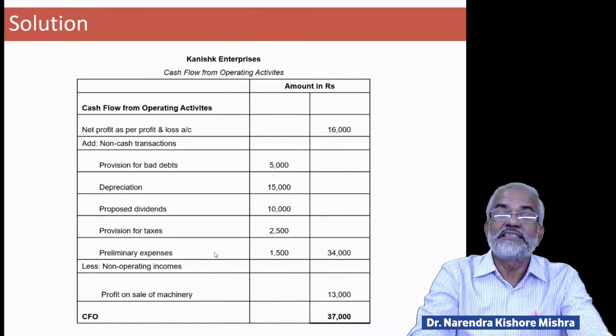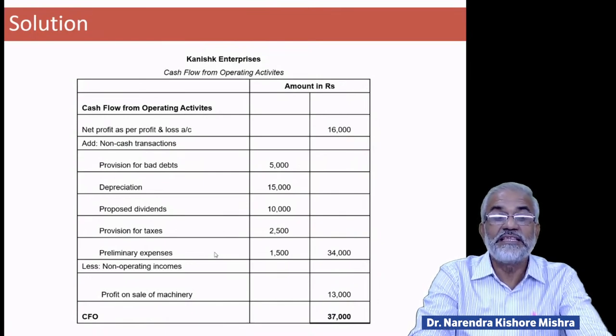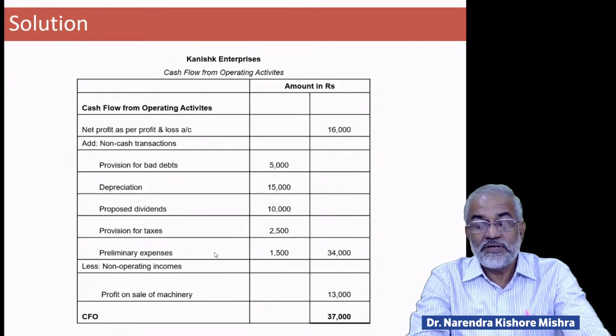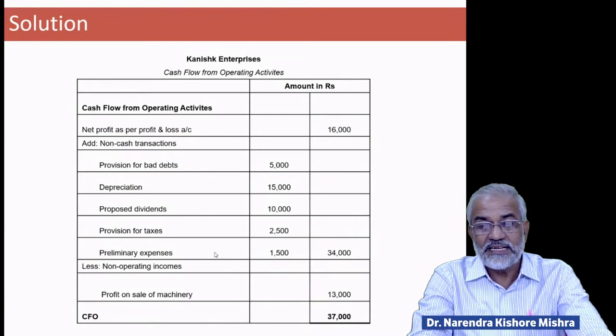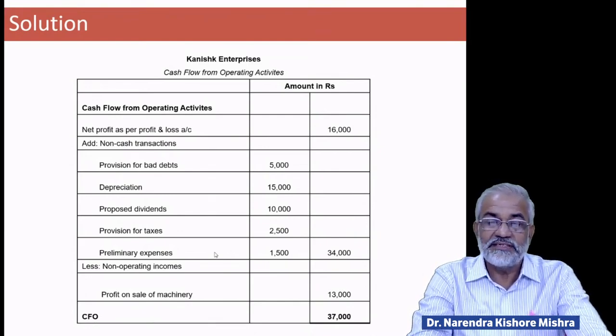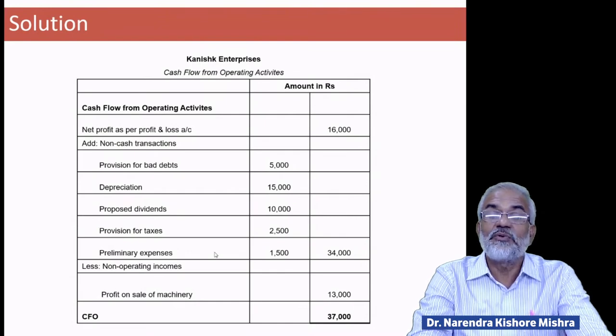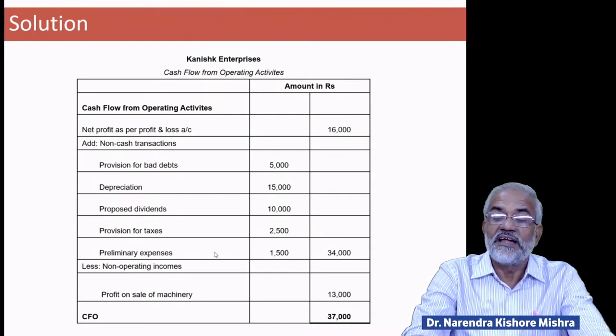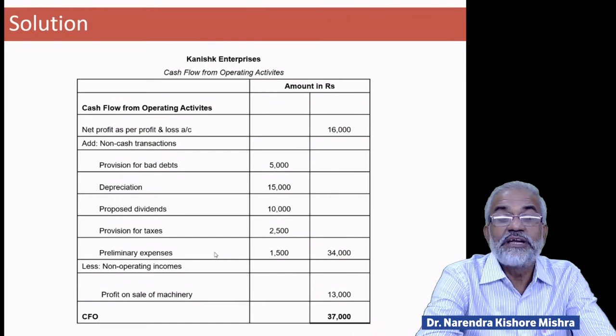So 16,000 is added to 34,000, and 13,000, being an inflow of cash from investing activities, is deducted from the net profit. The net cash from operation becomes 37,000, and that would be regarded as the operating flow of cash.